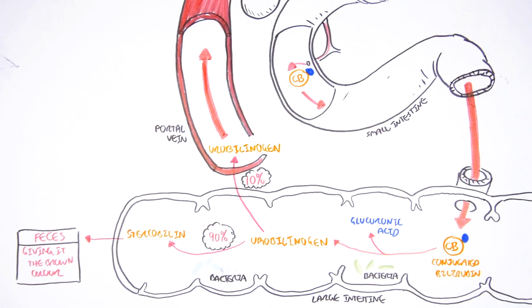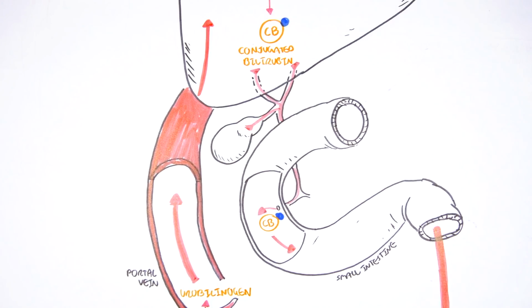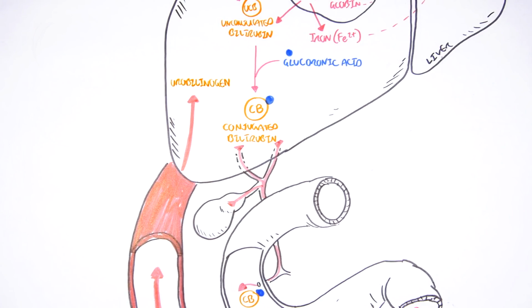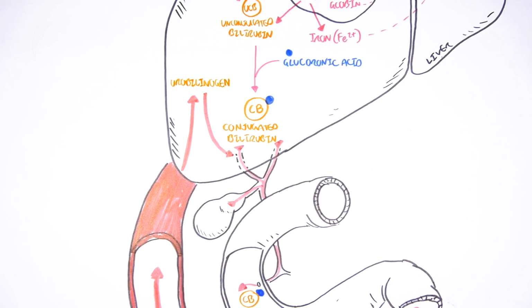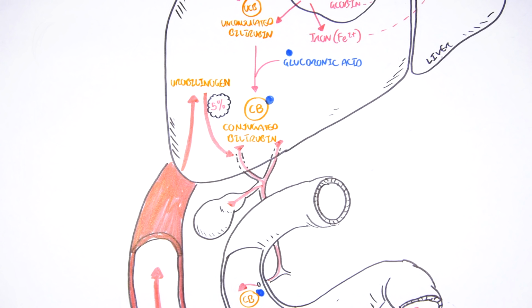Well, this small percentage is carried by the albumin back to the liver through the portal system. About 5% of this urobilinogen will participate in the enterohepatic urobilinogen cycle, in which it is taken up by the liver and then resecreted into bile again.